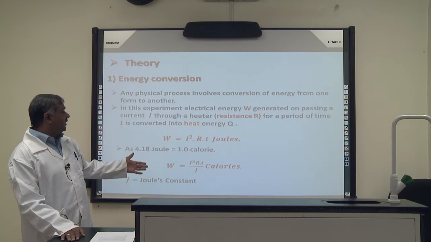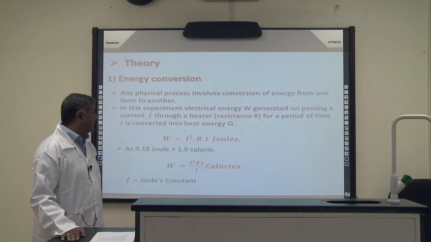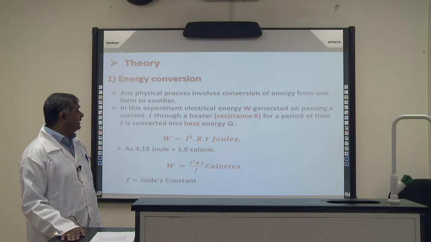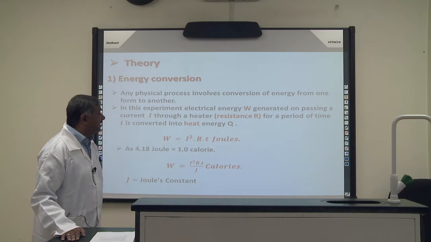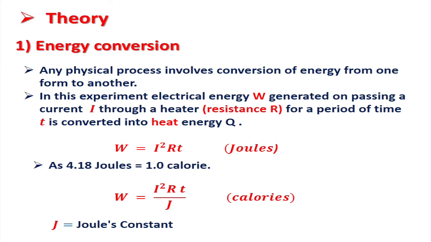The work done formula is given to you, and in this formula you can see the current, resistance and time. You are also using another factor, Joule's constant. What is Joule's constant? 4.18 joules equals 1 calorie. So you are also observing this unit of heat energy in this experiment.